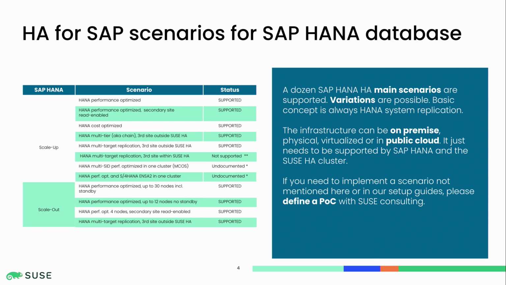And in both cases, the basic HA concept of SAP HANA is something called system replication. That means we have 2 databases running. One is a primary database, which does all the transactions on behalf of the application, and the other one is a secondary database, and both databases are connected by system replication, and every transaction which is booked into the primary database goes to the secondary and is booked there as well.